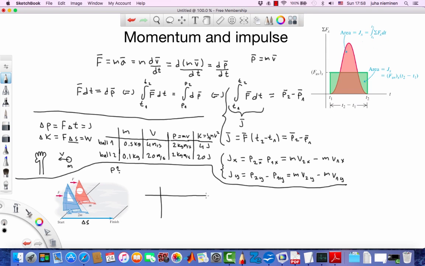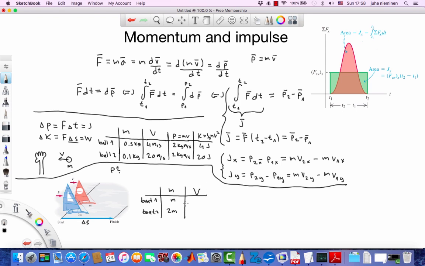So we have boat 1 and boat 2. The mass of the first boat is m. For the second one it's 2m, as we see from the figure, so it's twice as heavy. Velocity.